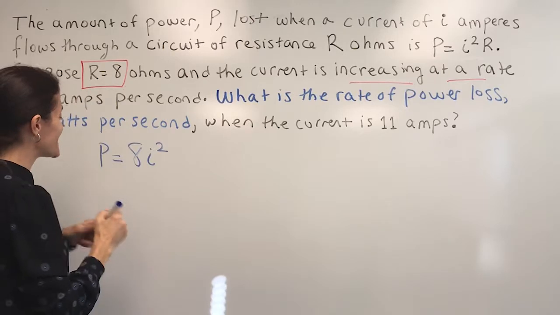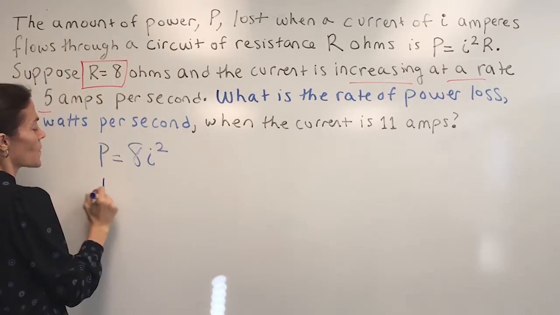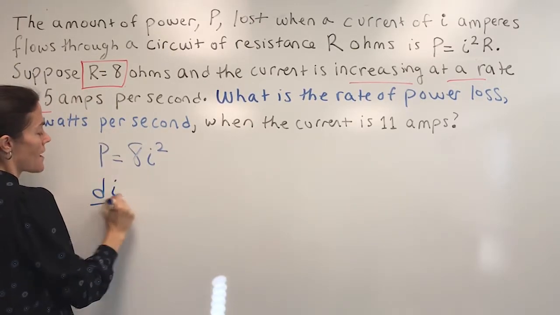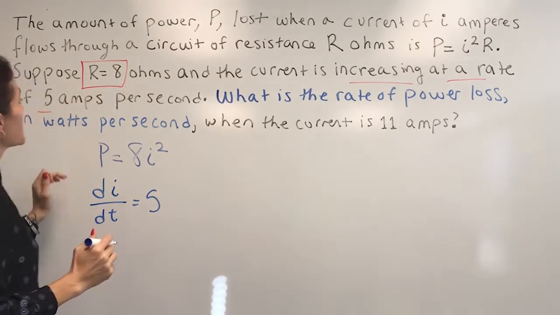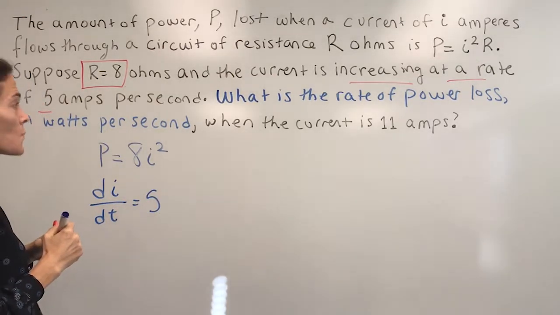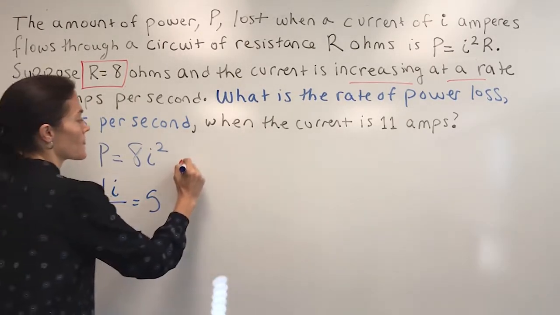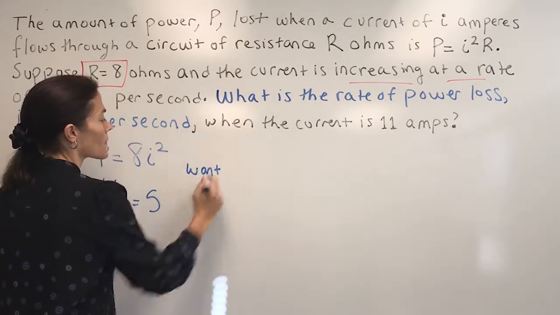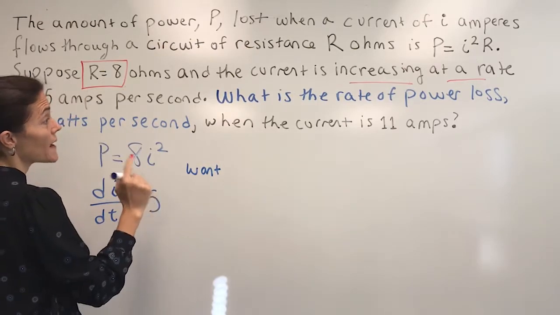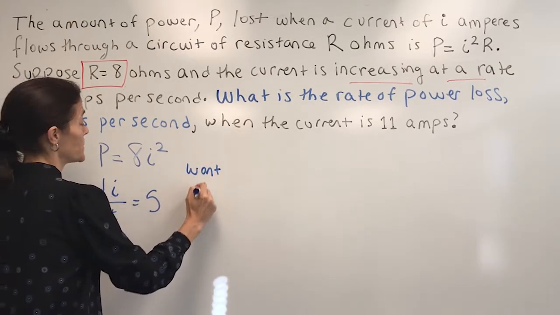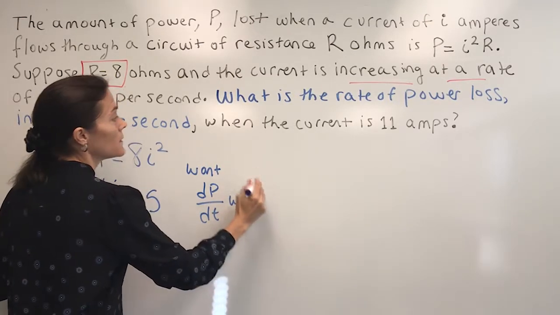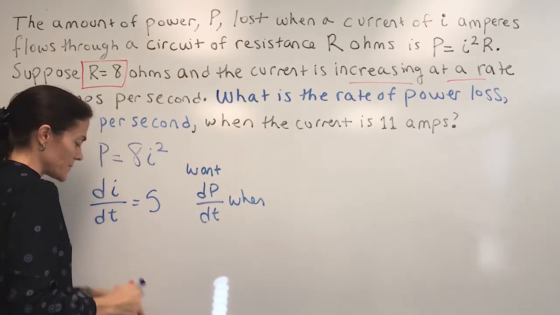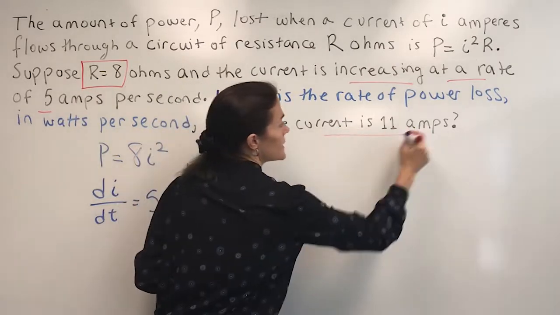Okay, this says, and this is all still what we're given, that dI/dt is 5. And then finally, what do we want? We want the rate of power loss, which would be dP/dt when the current itself is 11.